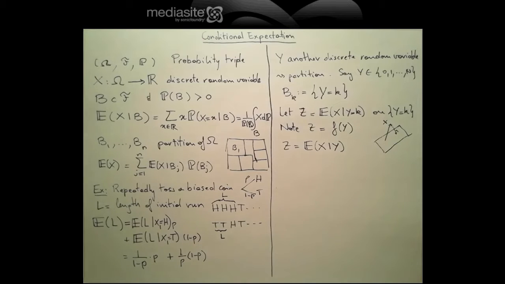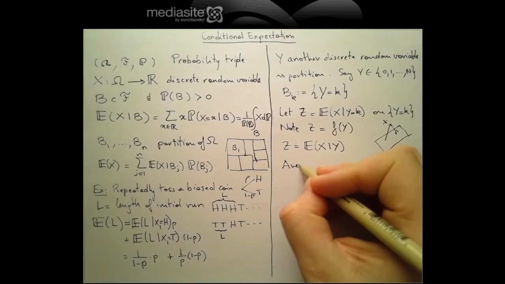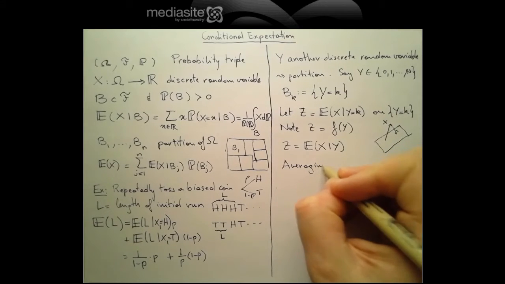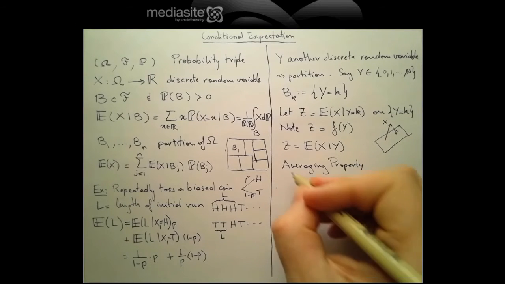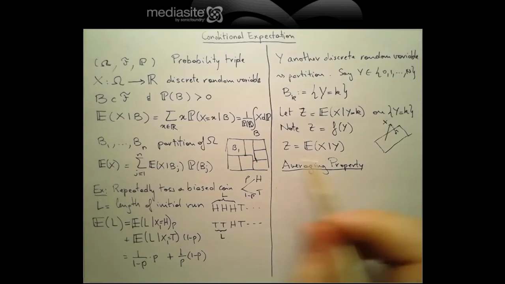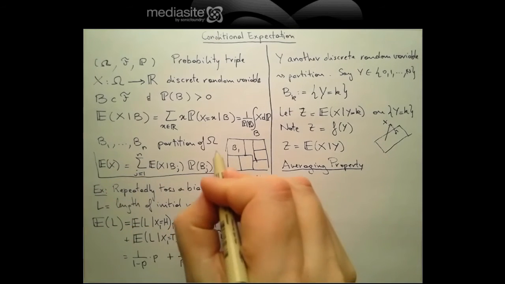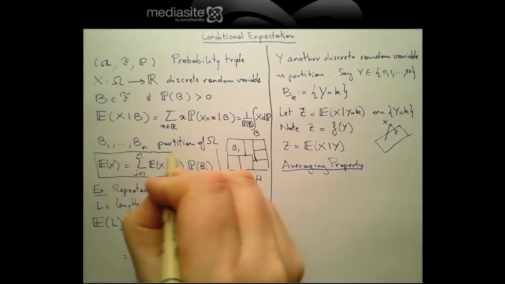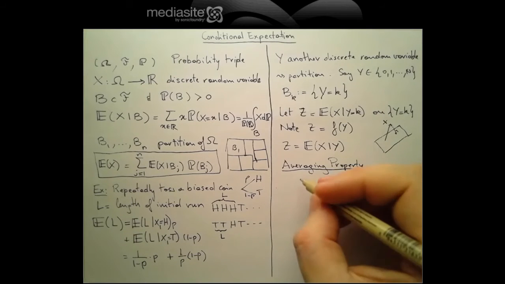So this is a tool that has amazing power and lots of properties. Let me just describe one property, the so-called averaging property. The averaging property is basically a reinterpretation of this formula that we talked about earlier, the conditioning. The averaging property says the following.